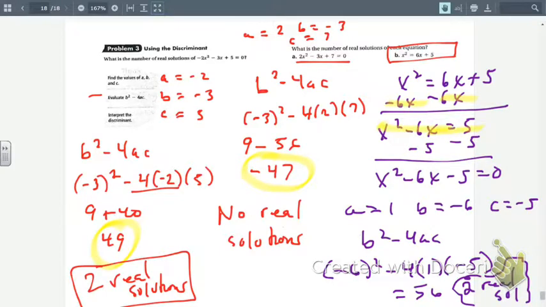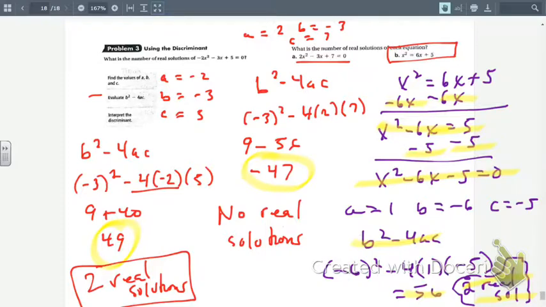And then we got to get the 5 over on the other side, so we subtract 5 from both sides to get it into standard form. Your a was 1, your b is negative 6, your c is negative 5. Plug it in. You get positive 56. Because that's greater than 0, 2 real solutions.